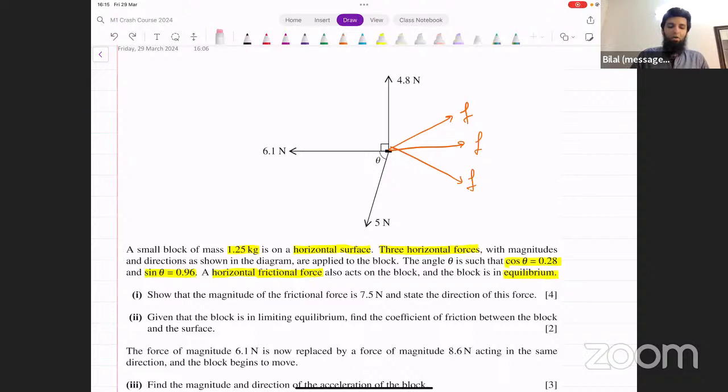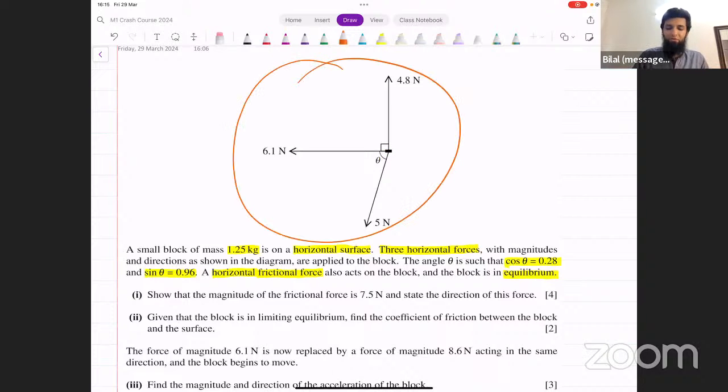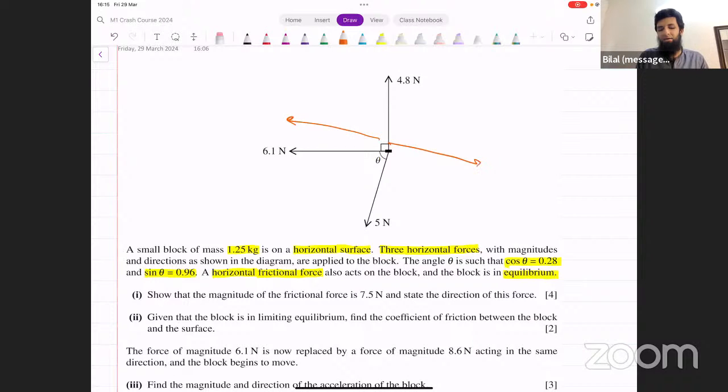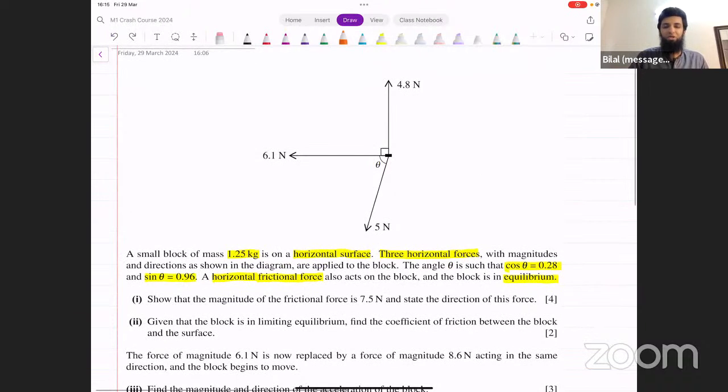Okay. Now, one way of thinking about this is that you find the resultant of the other three forces. That will be something on the left side. Friction will be exactly opposite to that. Or another way to think about this could be wherever friction is. We don't know exactly what the direction is going to be. Let's say this was the direction of friction. Then it would have some x component.